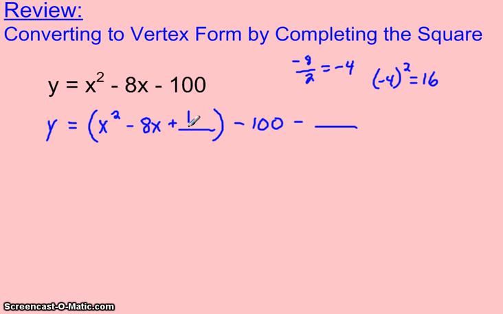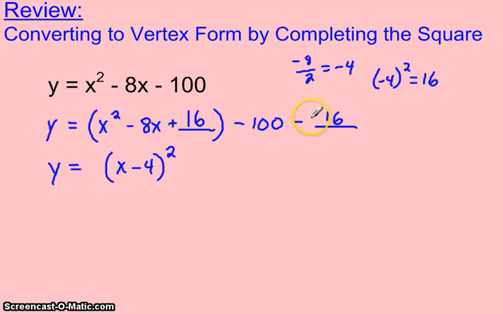So we're going to add a 16 here, but to keep this even, to make it still the same thing, we've got to subtract that 16 at the end. So we've added 16 and we've subtracted 16. So now we're going to break this down into its factored form. So this would be, we know it's minus 4, so it would be x minus 4 quantity squared.